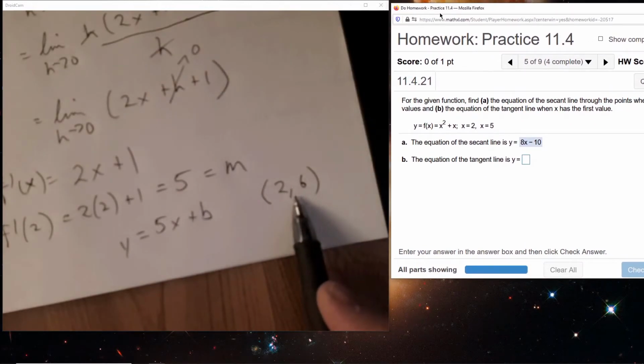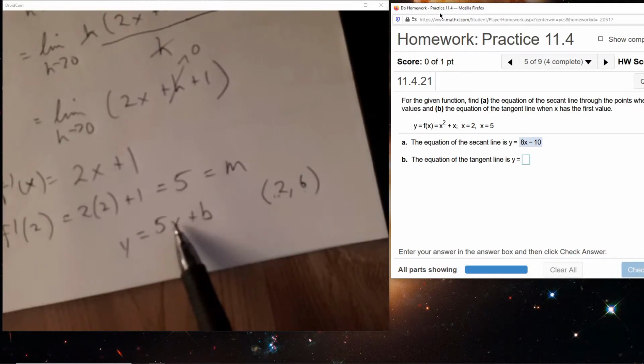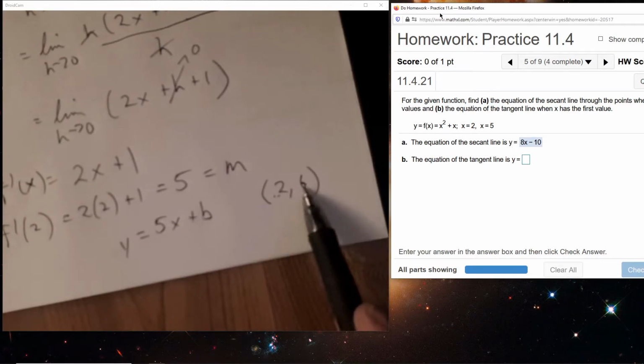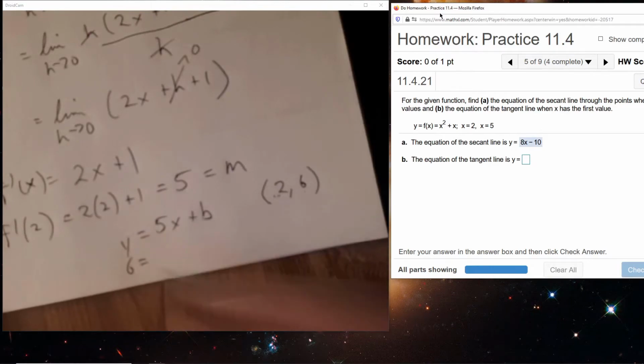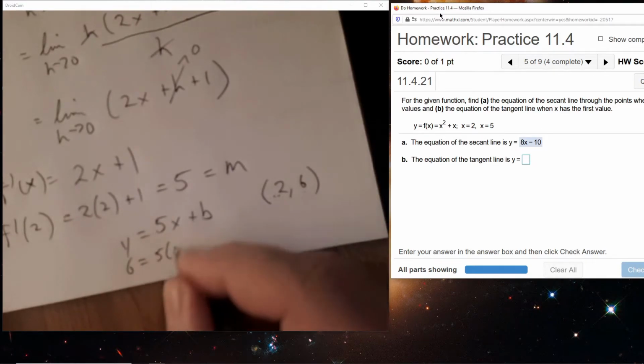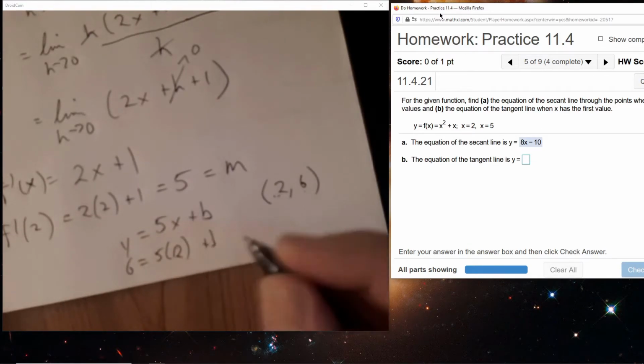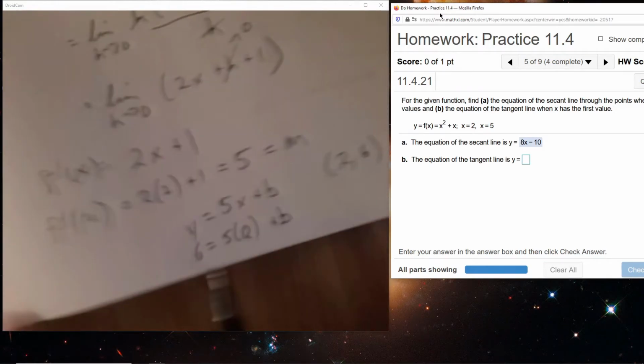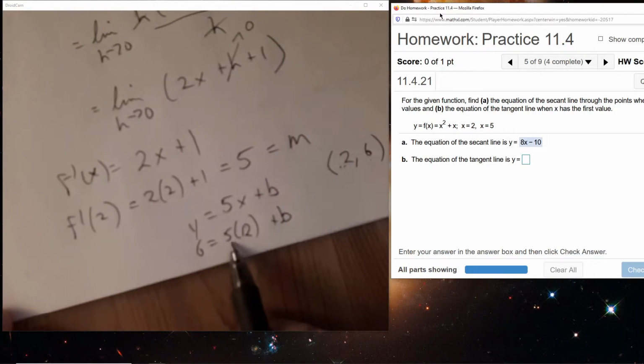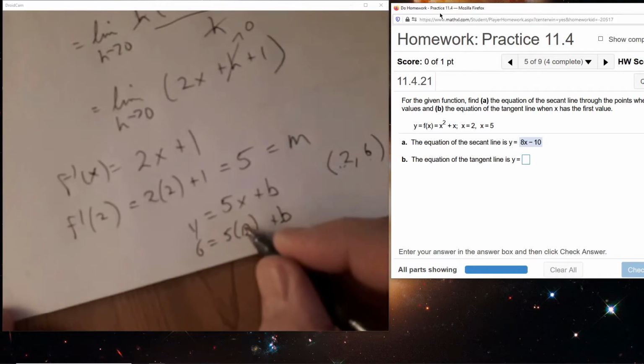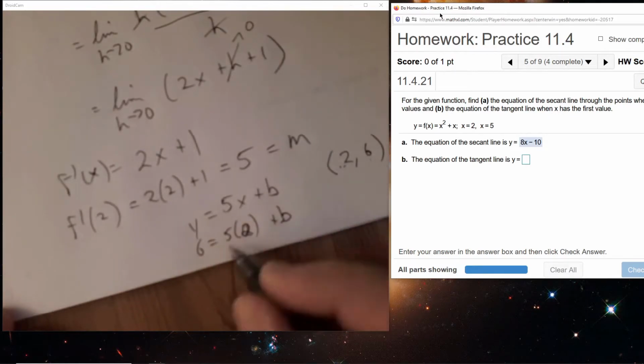We can also use the same ordered pair again for the tangent line. Remember, the ordered pair is a point on the function, and the line has to cross that point. So when y is 6, x is 2. So we have 5 times 2, 5 times 2 is 10.